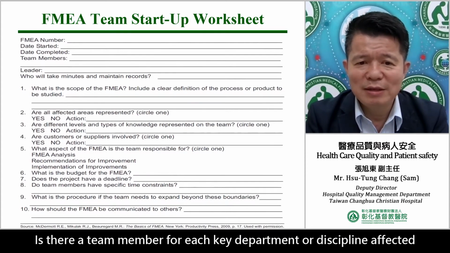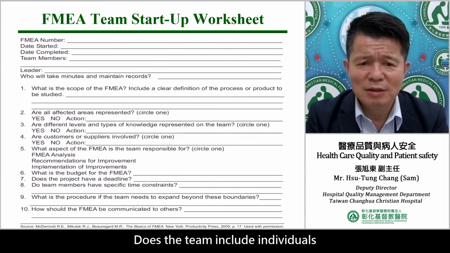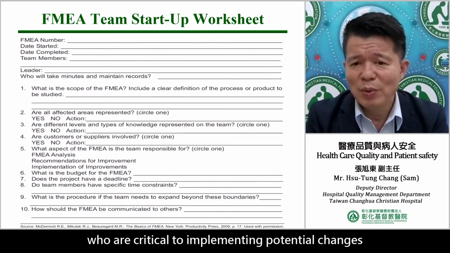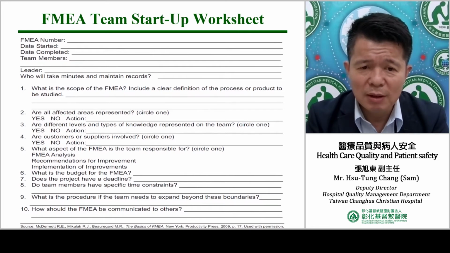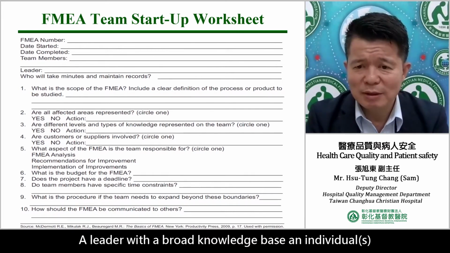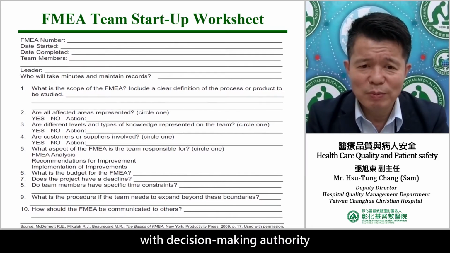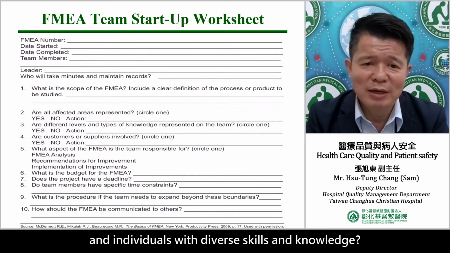Is there a team member for each key department or discipline affected by the process being analyzed? Does the team include individuals who are critical to implementing potential changes, a leader with a broad knowledge base, individuals with decision-making authority, and individuals with diverse skills and knowledge?